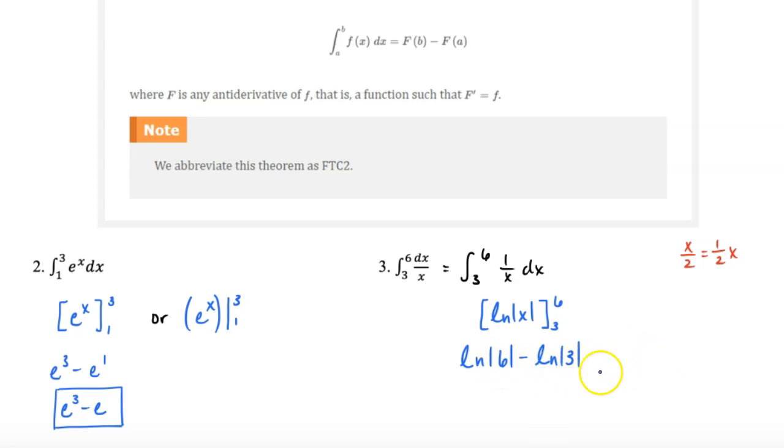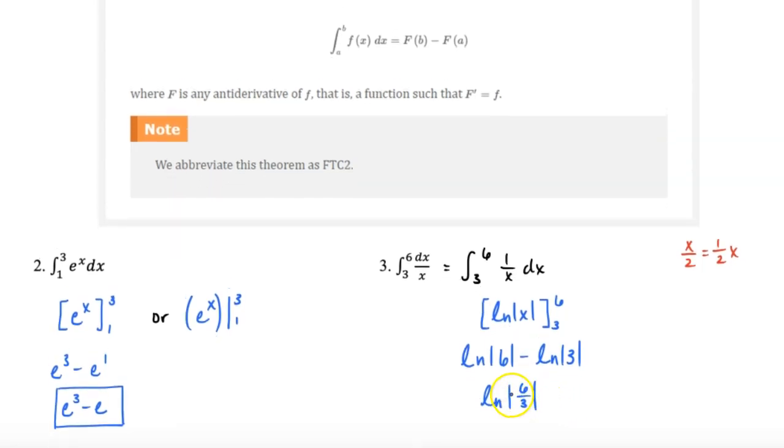Okay, now I want to simplify this as much as possible. And you remember that rule for natural logarithms with subtraction that states that if I'm subtracting 2 logarithms, I can really divide the values inside of those natural logarithms. So in other words, this is the same as the natural log of the absolute value of 6 divided by 3.